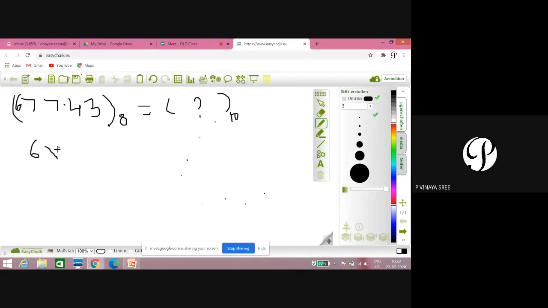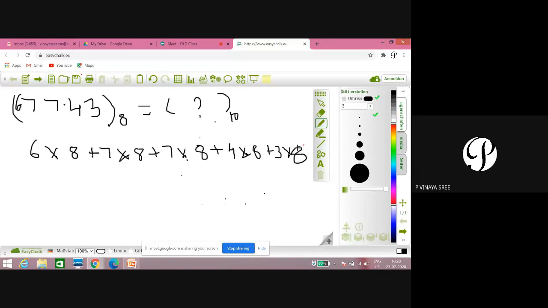What will you get? Just before, I said don't write powers first, just write 6 into 8, 7 into 8, plus 7 into 8, plus the fractional part, which has to start from the left side, 4 into 8 plus 3 into 8.